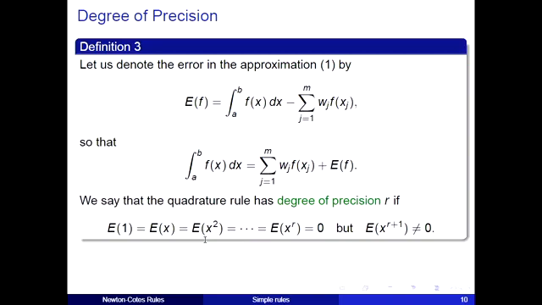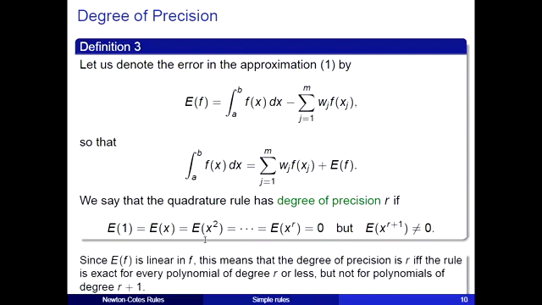You can distribute the error into each term because it's just a difference between an integral and a sum, so it's linear. So you can prove this. Each of these terms equals 0, therefore the whole thing just equals 0. Okay?